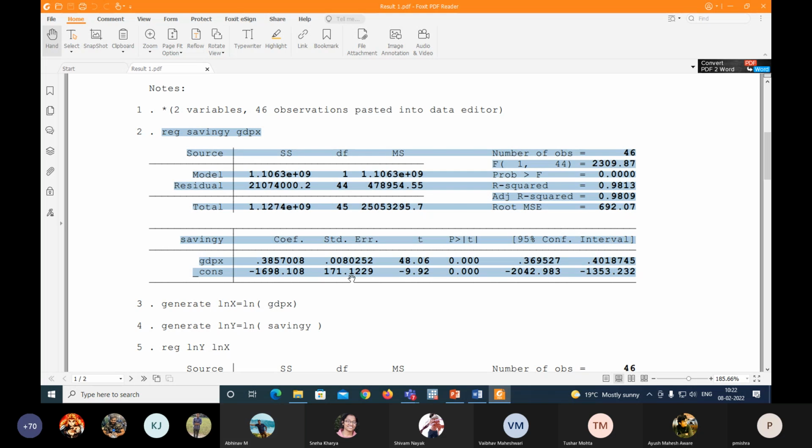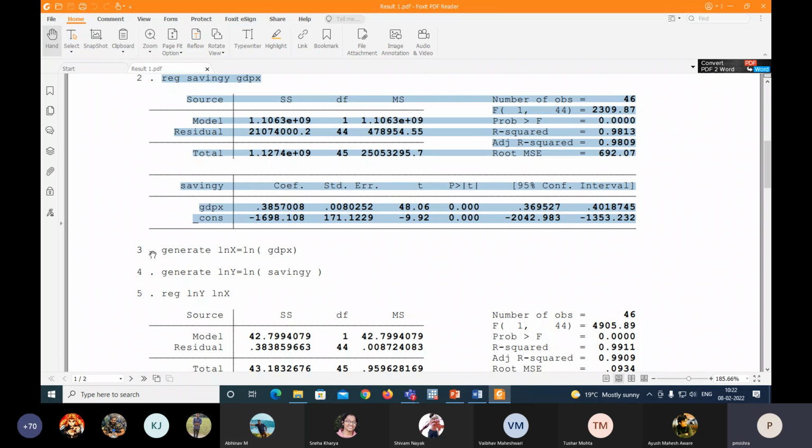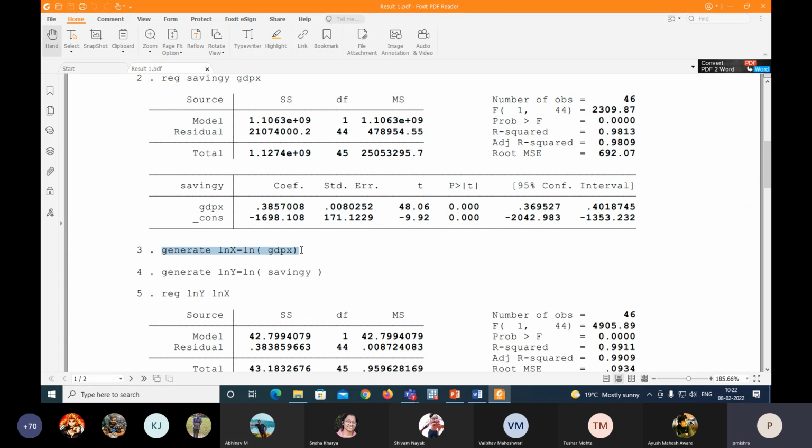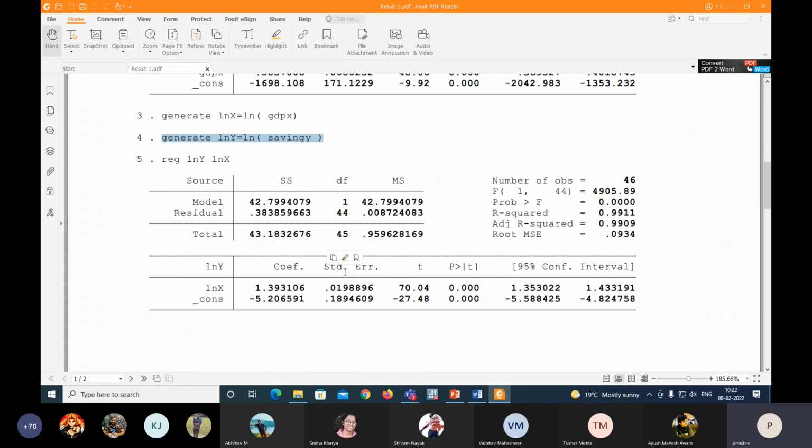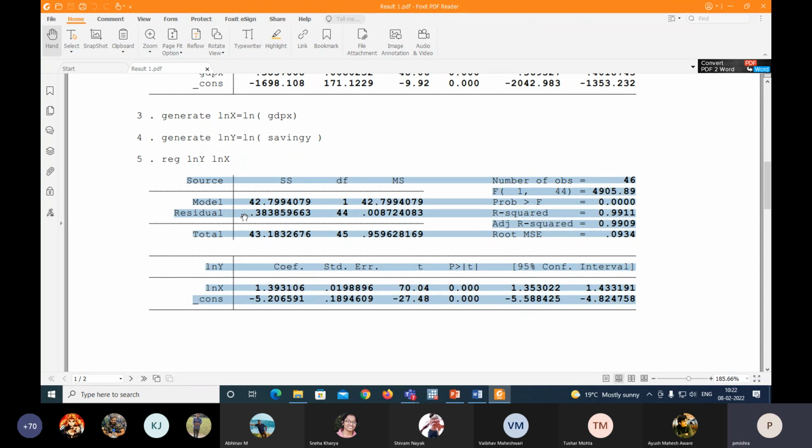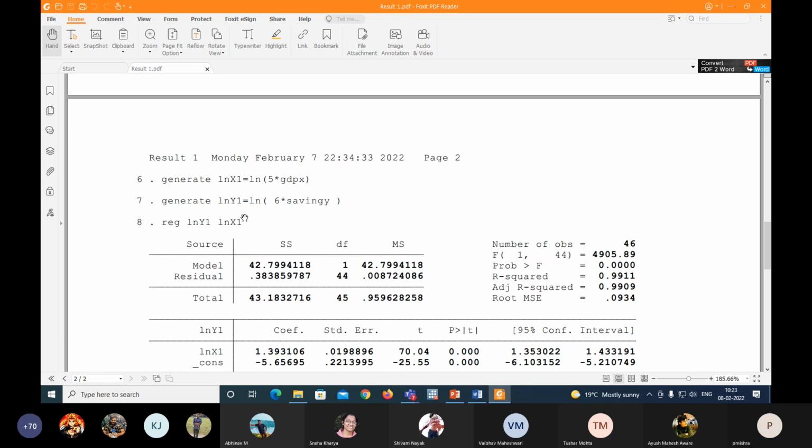Yes, sir. Then what we are doing, we are making log transformation of the variables. Then this is the set of results with the variables being measured in logarithmic scale. Then we are changing the scale of the variables first.